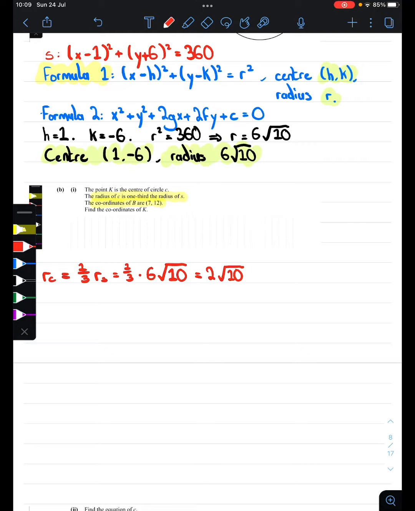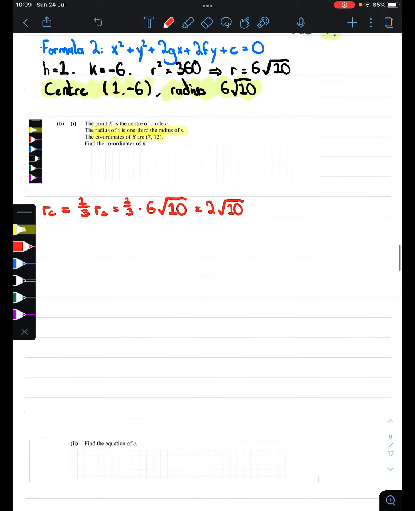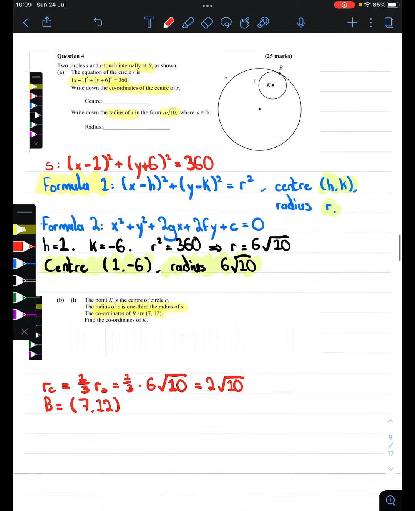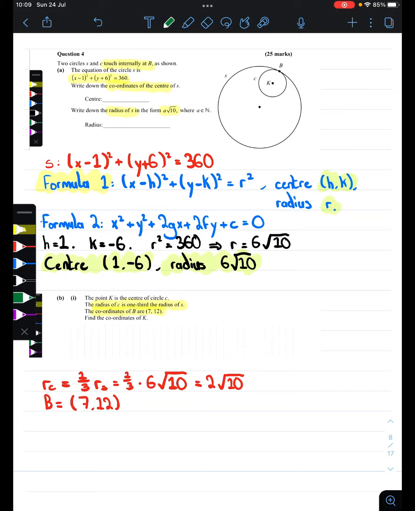We may need this, we may not, but it always helps to get this information down. And we also know that B is (7, 12).